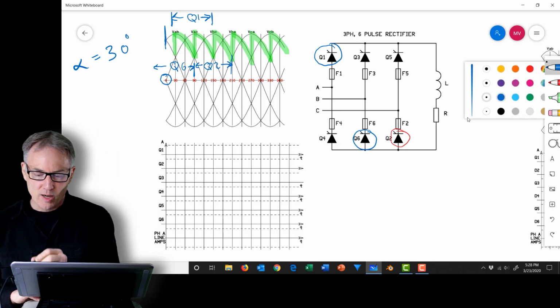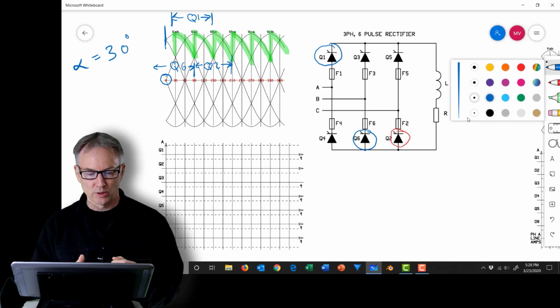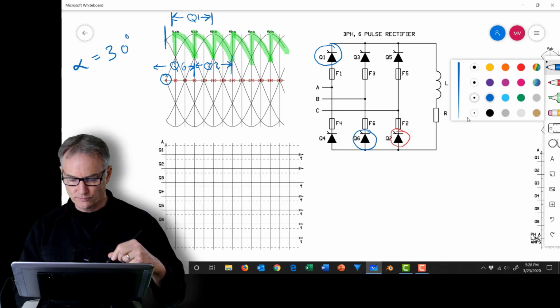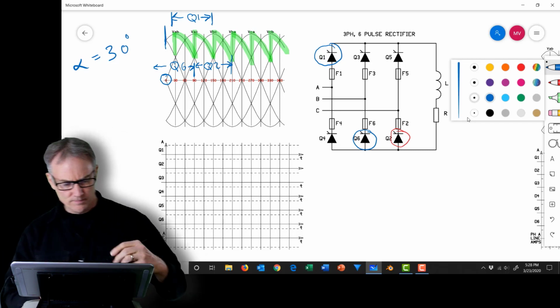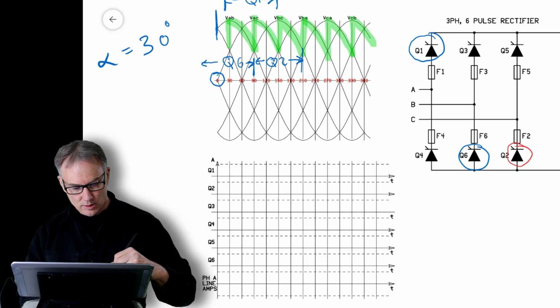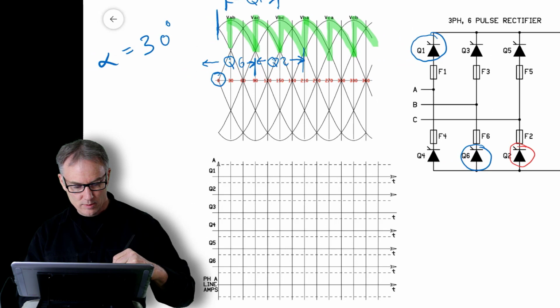I'm also going to draw what the currents would look like down in the bottom. So if we look at Q1, yeah, I'll stick with blue. So if we're looking at Q1, Q1 turned on right here, and it stays on until this point here.